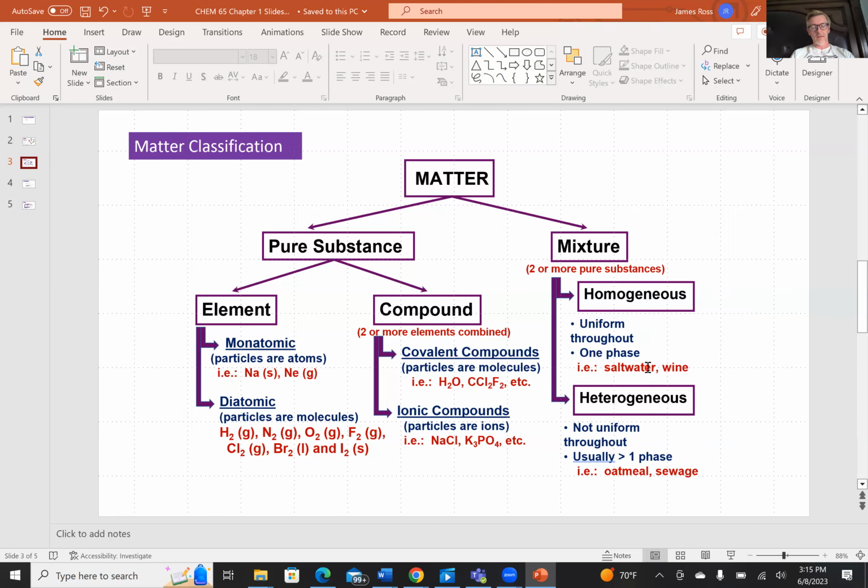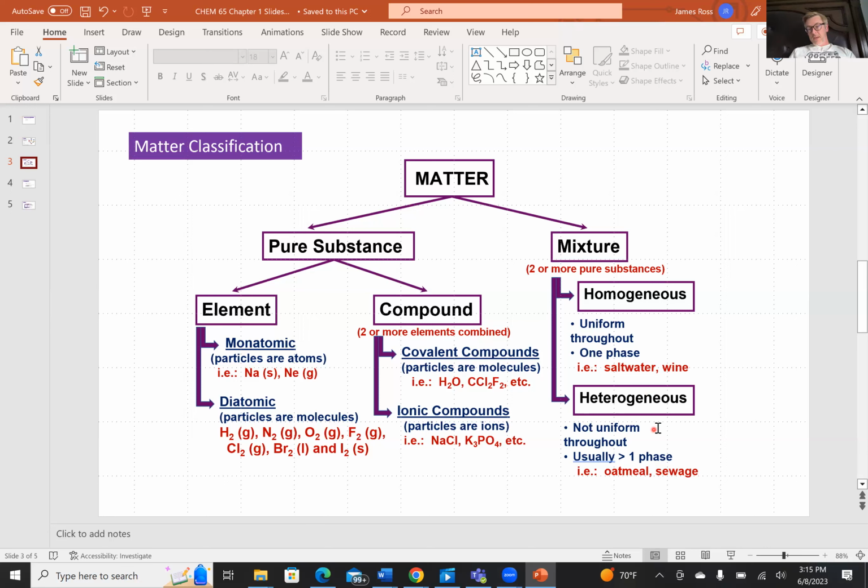So therefore, salt water is a homogeneous mixture. Wine is featureless, ignoring the fact that there may or may not be bubbles in it. Let's say there are no bubbles, which would be a feature, but still flat wine is featureless. So that would be a homogeneous mixture because you don't see the alcohol, you don't see the sugars or any of the sulfites dissolved in the liquid.